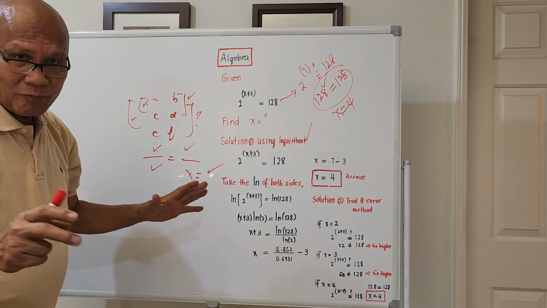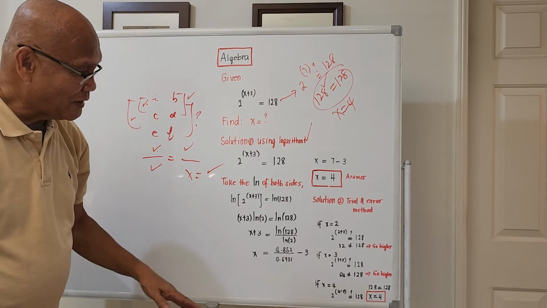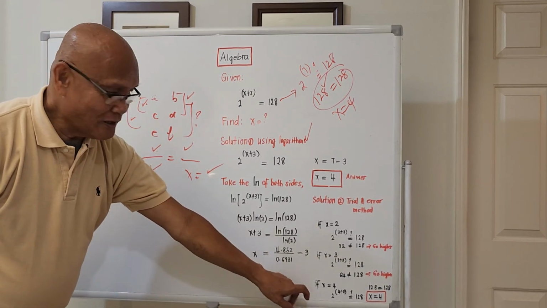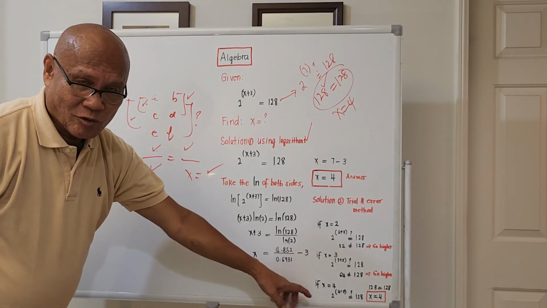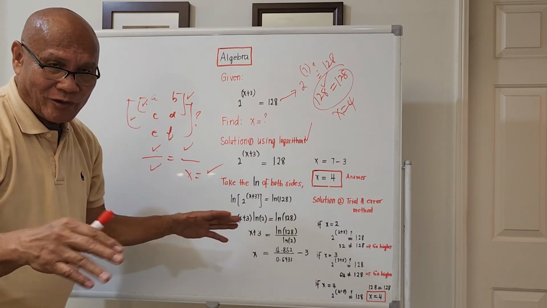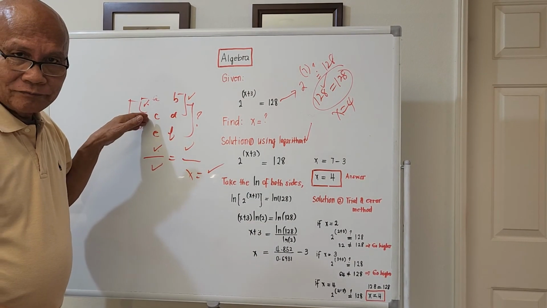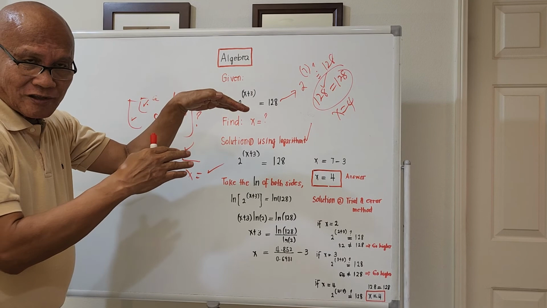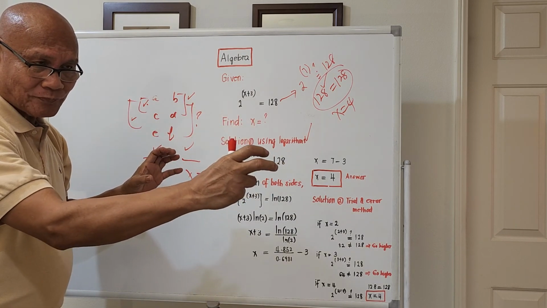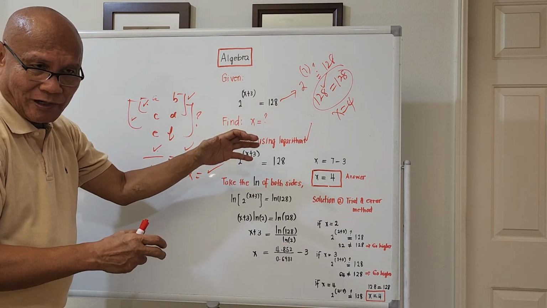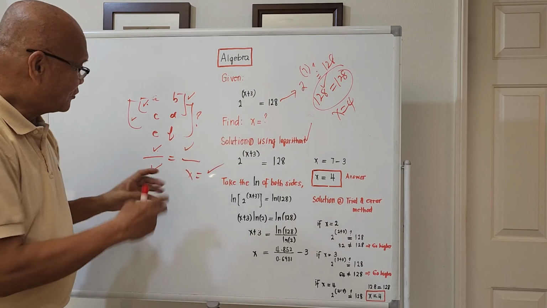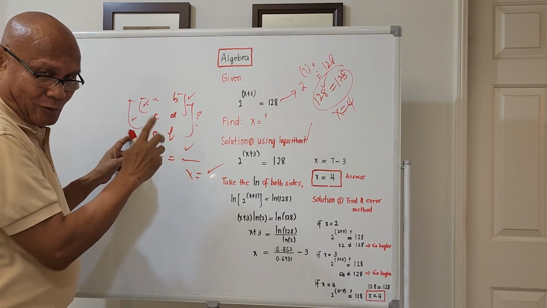But if the value of the unknown is exact, it will come out as can be seen from here. So if the unknown is not exact, we use interpolation. You assume first a certain value, then take note of that. Then again assume another value, then take note of that. Then try to interpolate. We call it interpolation.